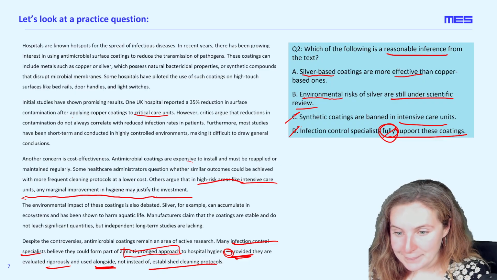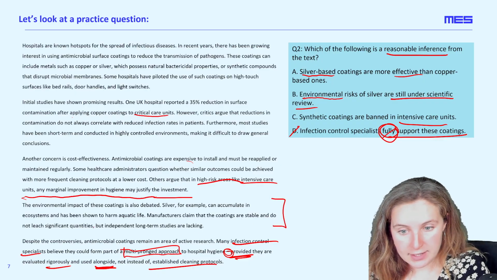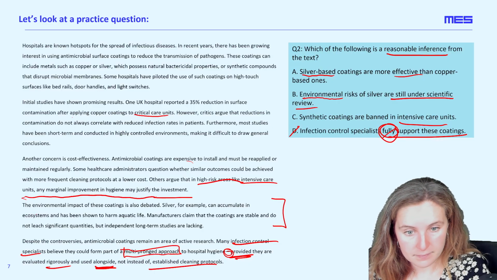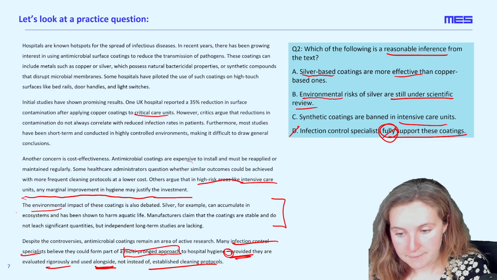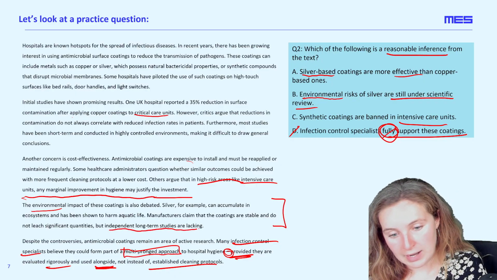Let's take a look at B. Environment, we know, is in this section here. The environmental impact is also debated. Silver can accumulate in ecosystems, been shown to harm. Manufacturers claim they're stable, but independent long-term studies are lacking. And then let's read around this bit.